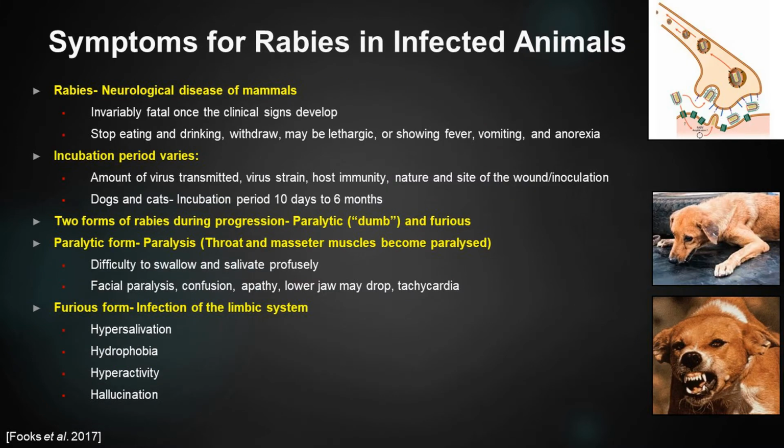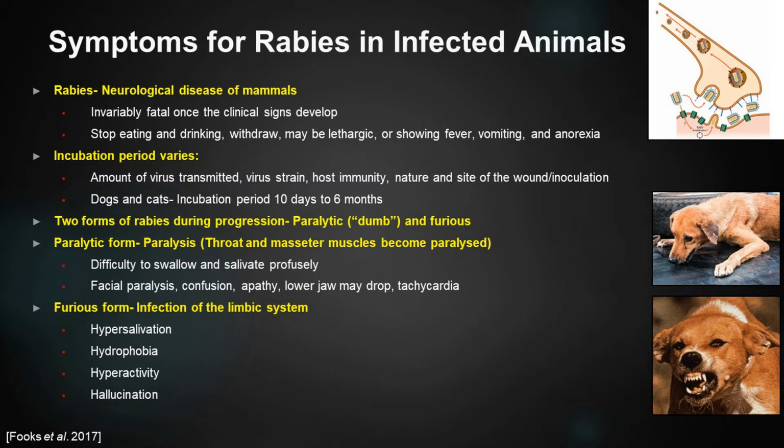The virus causes a variety of symptoms in infected animals. So rabies could cause neurological diseases in mammals, and once the clinical signs develop, it is usually fatal. Symptoms such as stopping eating and drinking, withdrawal, lethargy, or fever, vomiting, and anorexia could show.